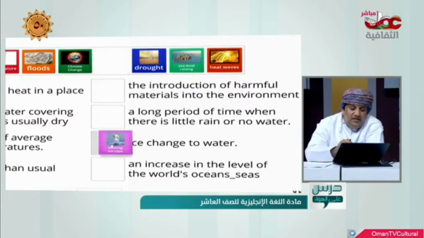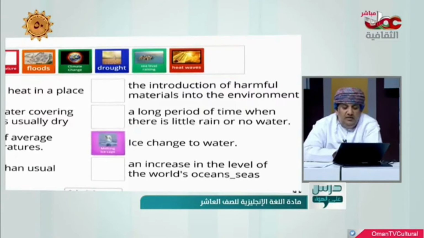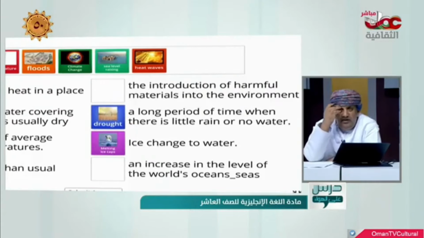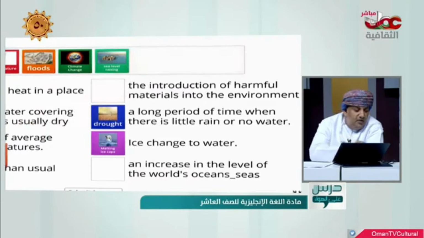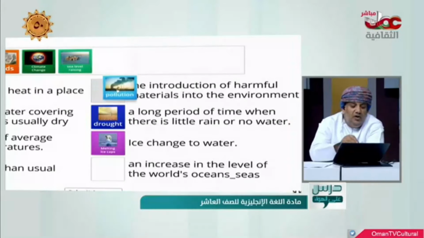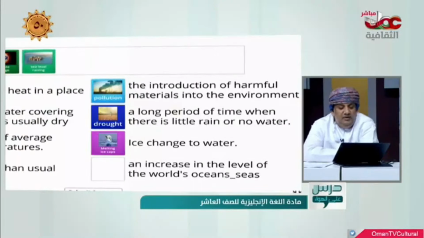Melting ice cap means ice change to water. So here droughts means a long period of time when there is little rain or water. Heat waves means hotter weather than usual. Temperature means the amount of heat in a place. Pollution means the introduction of harmful materials into the environment.